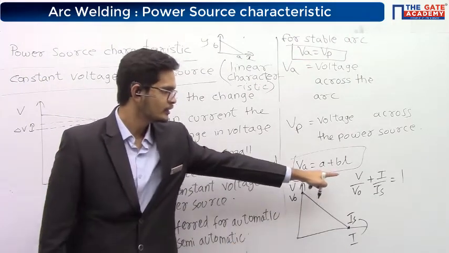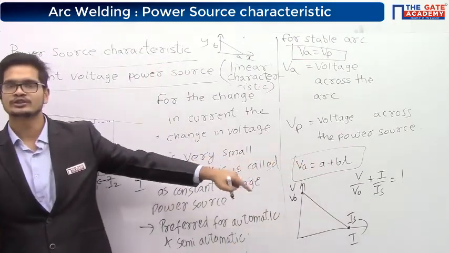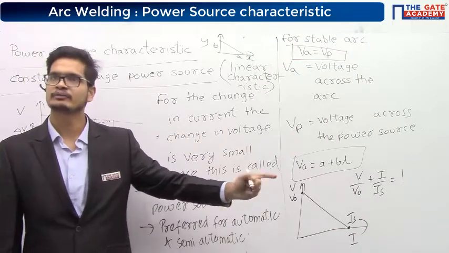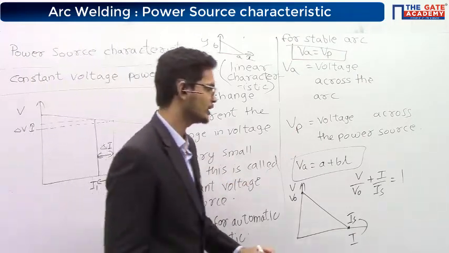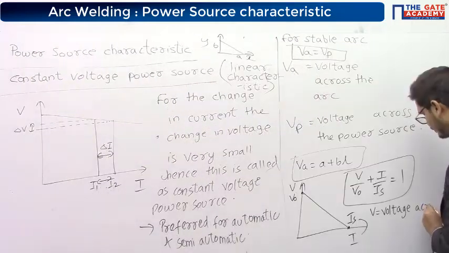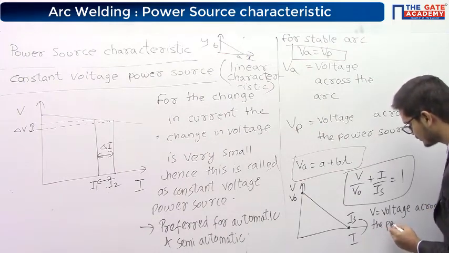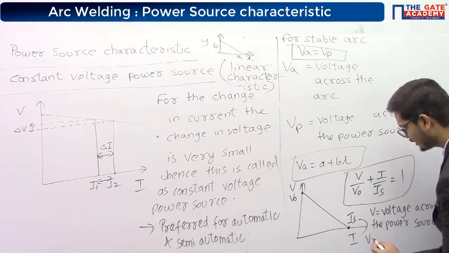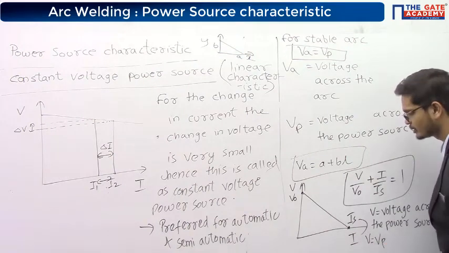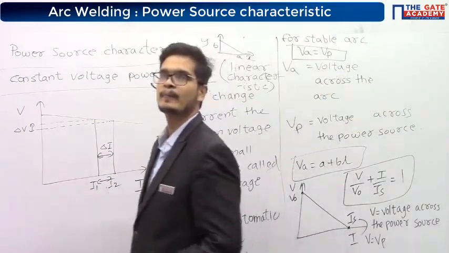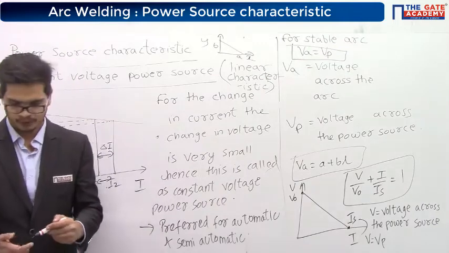Here V is the voltage across the power source. V is nothing but Vp. Okay. Please copy this.